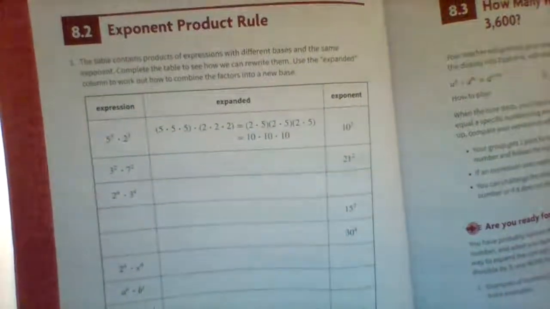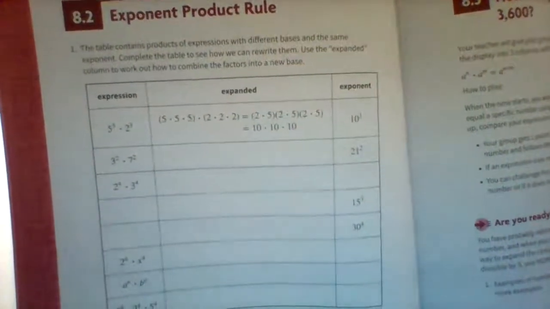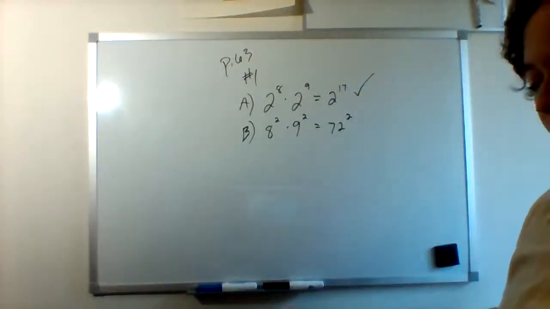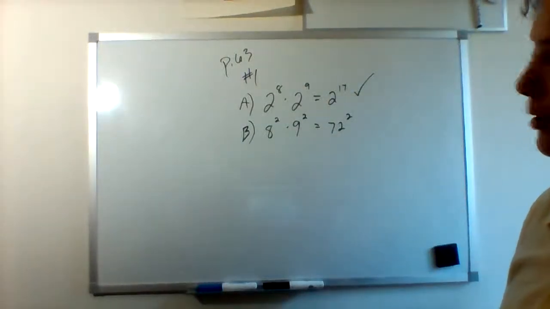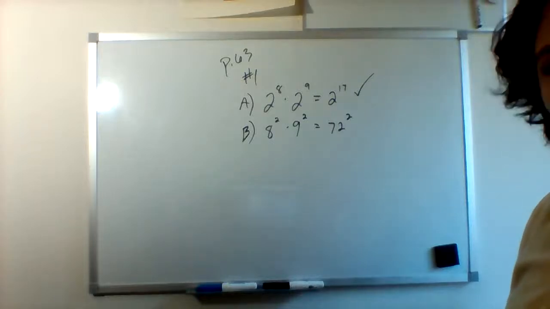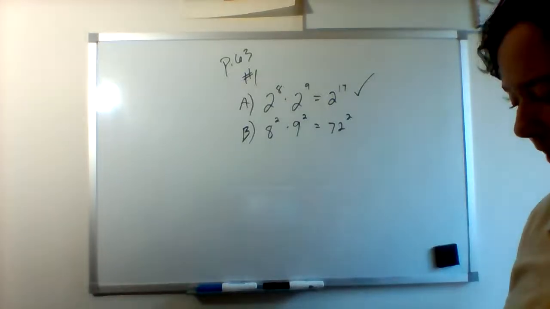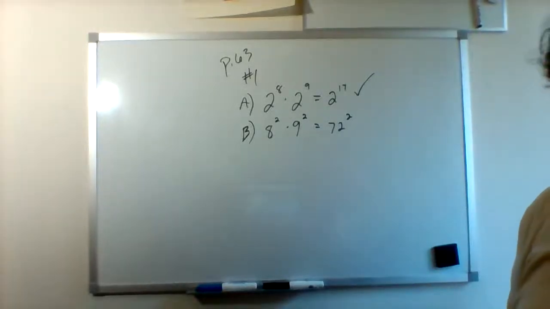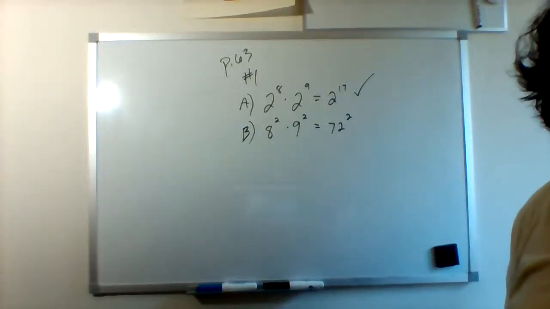Take a look at that chart that you filled out, because we definitely did this in class. Page 60. What are you supposed to do with the bases or the exponents? Like, what kind of rule do we have in a situation like this that we apply? You guys remember?